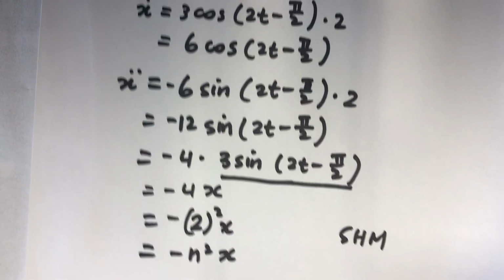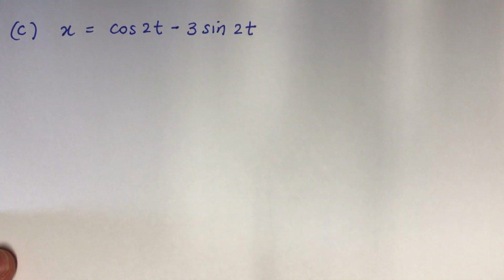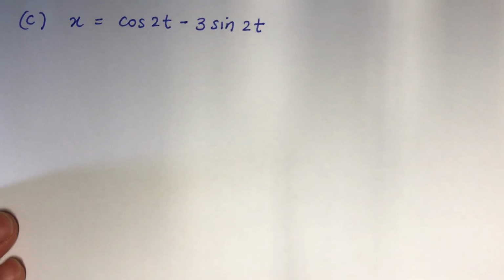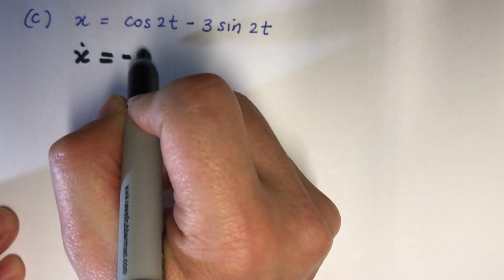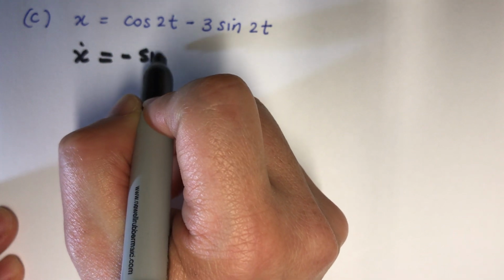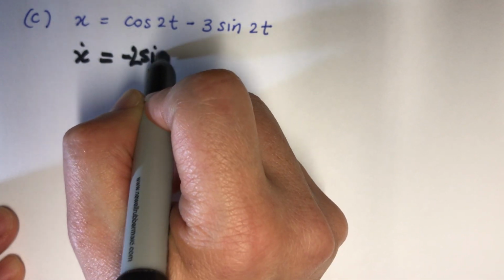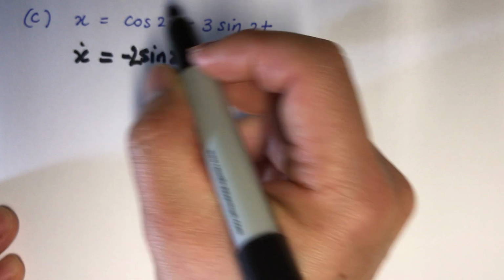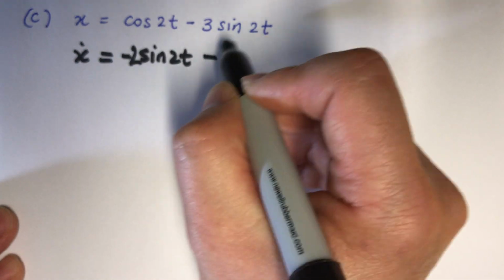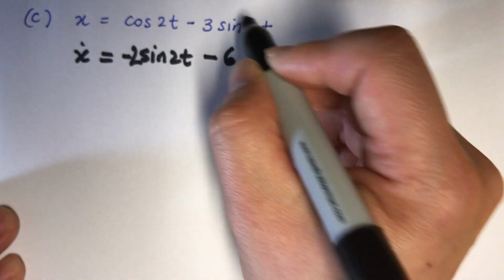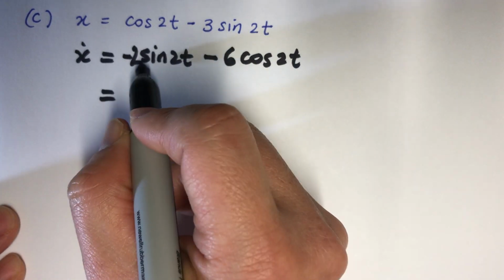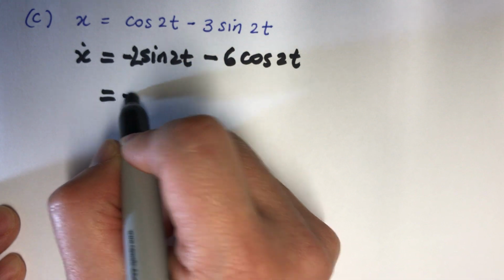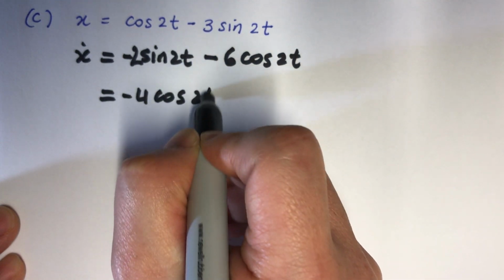Alright, so that's not too bad. Now this one's a little bit different, but not too much. So let's have a look. X dot, I'm going to go minus 2 sine 2t, because that 2 had to come out, minus 6 cos 2t. Equals, that's the same, 4 cos 2t.